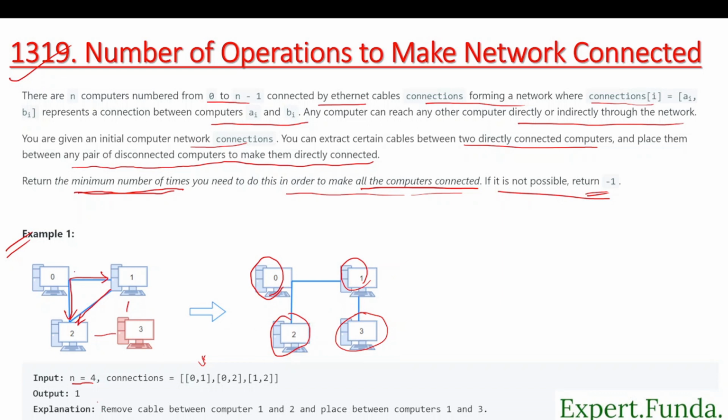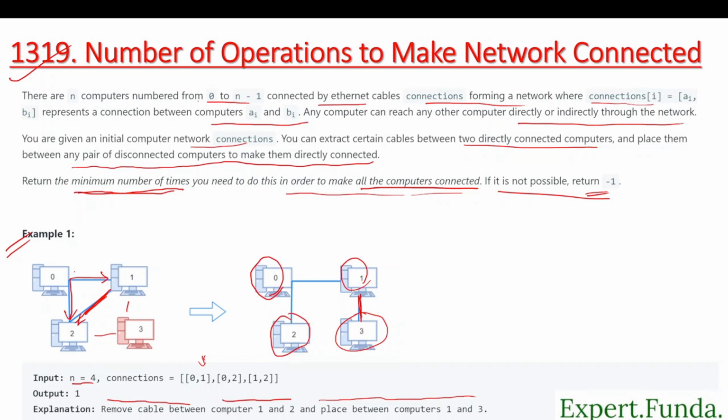And it is saying that we will remove the cable between computers 1 and 2, and then place it between 1 and 3. So we are removing this connection from here and making a connection between 1 and 3. We have to read the statement one more time, I think I missed something.